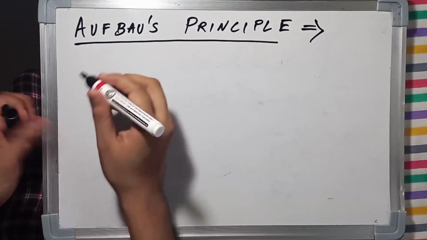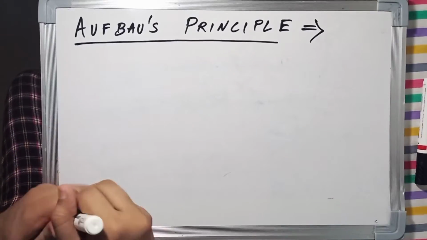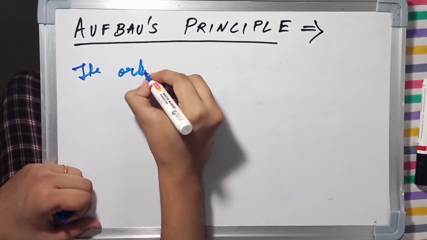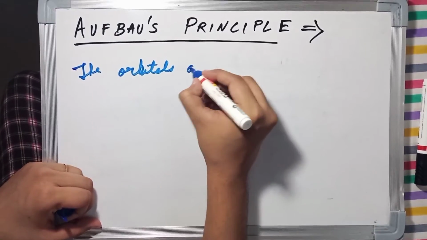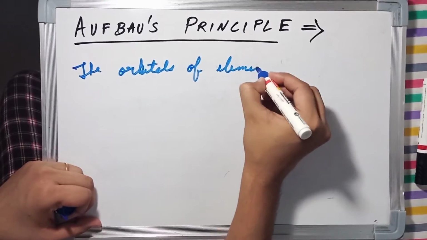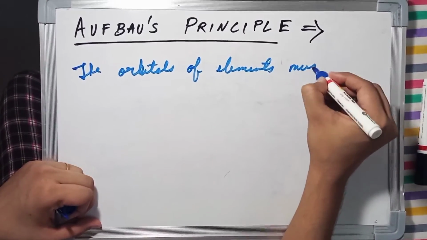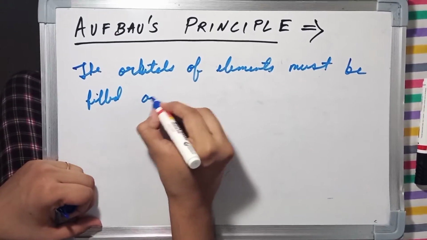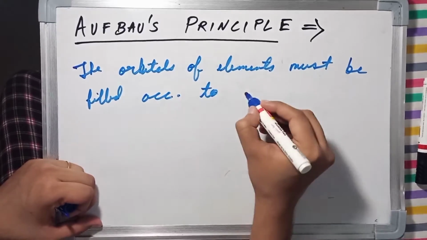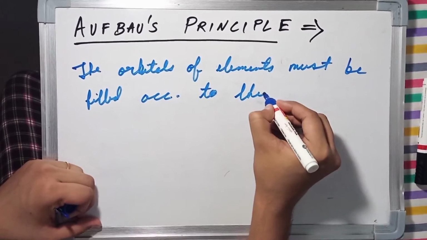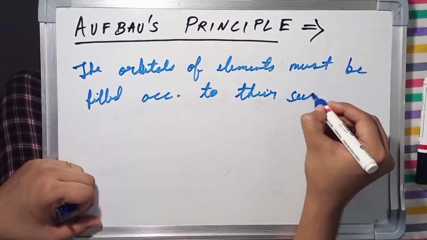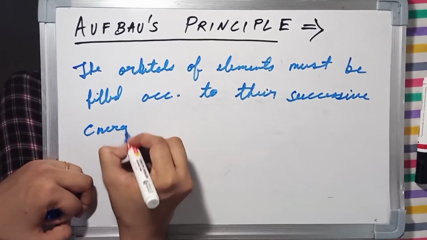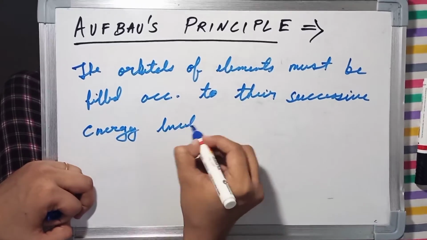It states that the orbitals of elements must be filled according to their successive energy levels. Now this is just a statement.